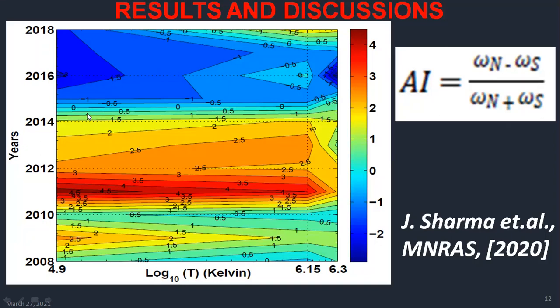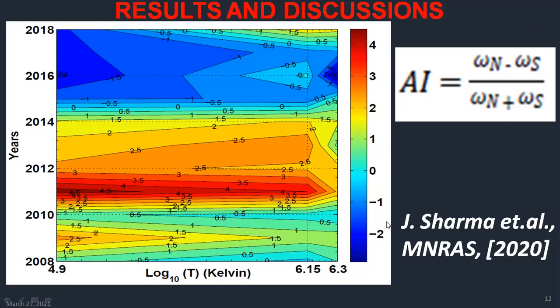We found some very interesting results from this contour plot. In this contour plot, the x-axis shows the logarithm of temperature for the wavelengths used. For example, 10 to the power 4.9 Kelvin corresponds to the wavelength 30.4 nanometer.